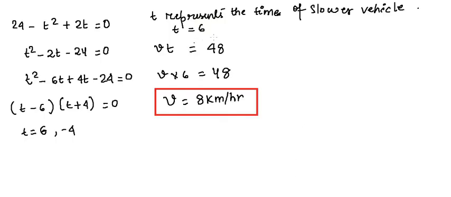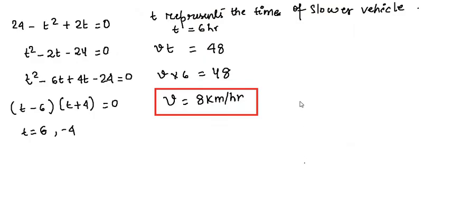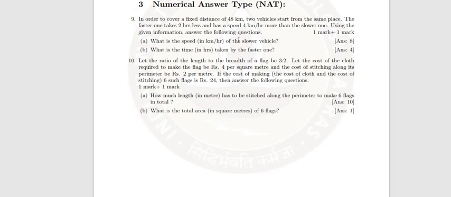As you can see, this t represents the time for the slower vehicle, which is t equal to 6 hours. As we have discussed, the data also says that the time taken by the faster vehicle is 2 hours less. So whatever time our slower vehicle has, 2 less than that will be the time of the faster one.